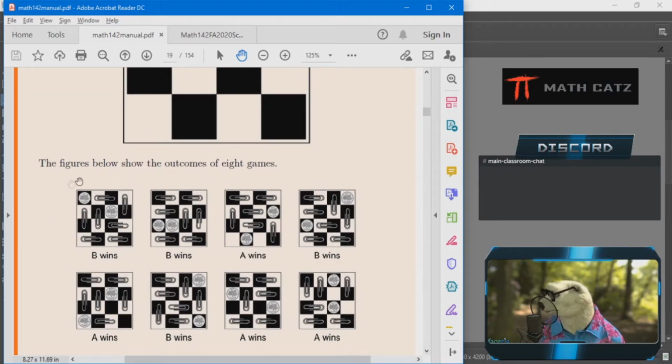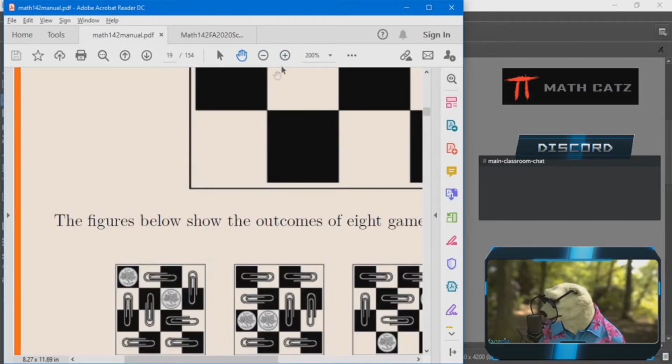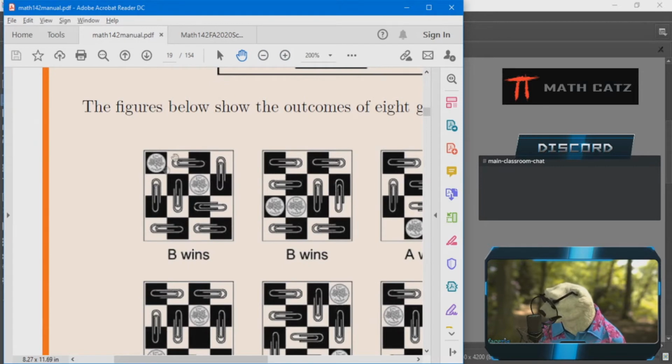In the first game, let's see if I can zoom in a lot here. First game here, player A put their pennies on these 2 squares. Now player B has the task of placing paper clips, not overlapping.